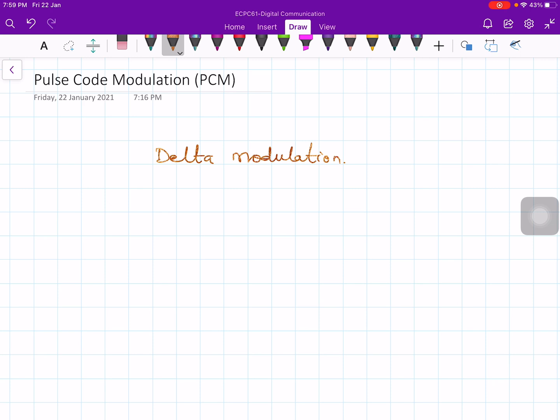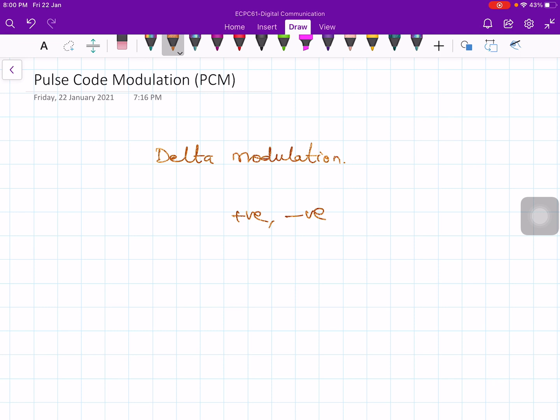This delta modulation is a very simple technique by which one can represent analog messages in the form of a sequence of positive and negative pulses, which is what is eventually transmitted onto a channel. And you can carry out digital communication this way.